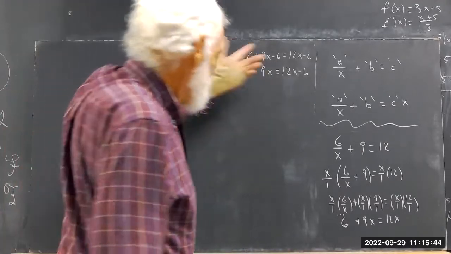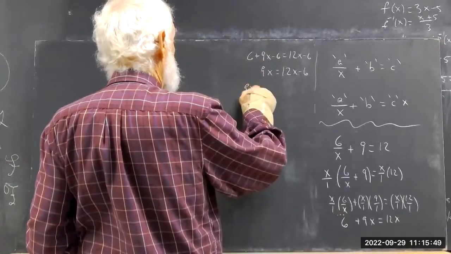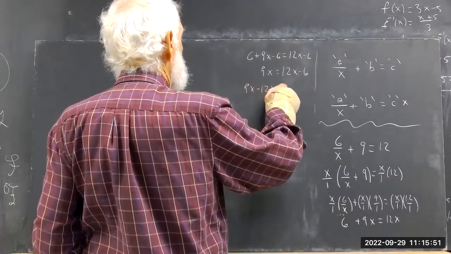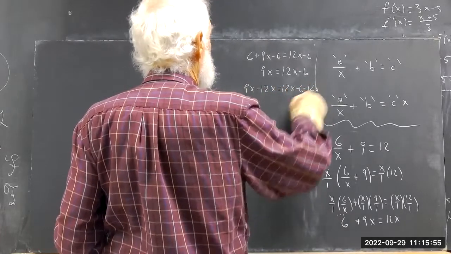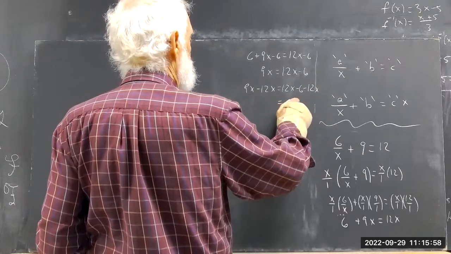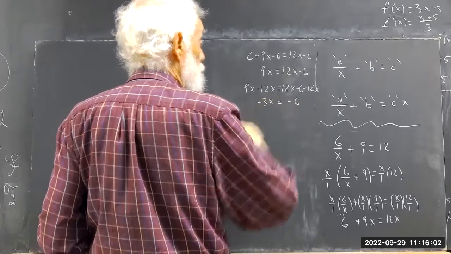Okay. And what you do there, you want all your x's on this side. So you do 9x minus 12x equals 12x minus 6 minus 12x. 12x minus 12x is 0. So we're going to get negative 6 here, and we're going to get negative 3x over here.